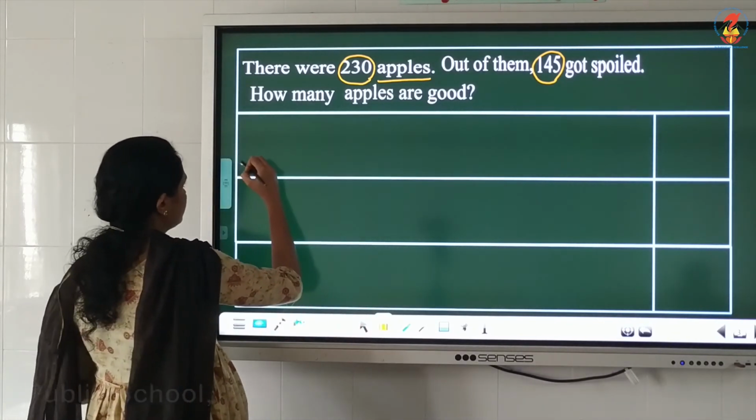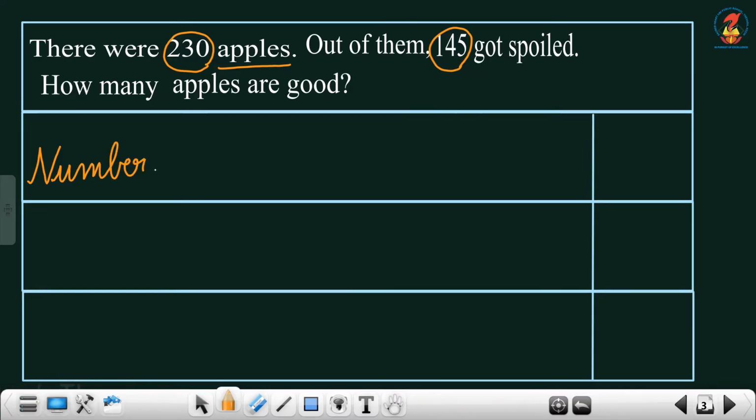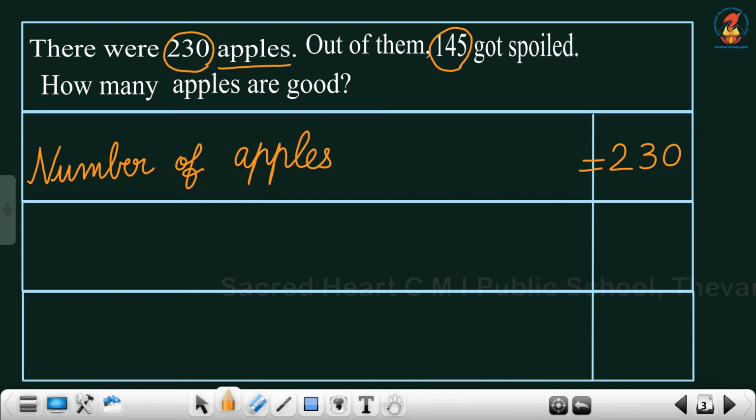First statement, number of, what is given, children? Number of apples. How many apples were there at first? There were 230. Now 145 apples got spoiled, isn't it?